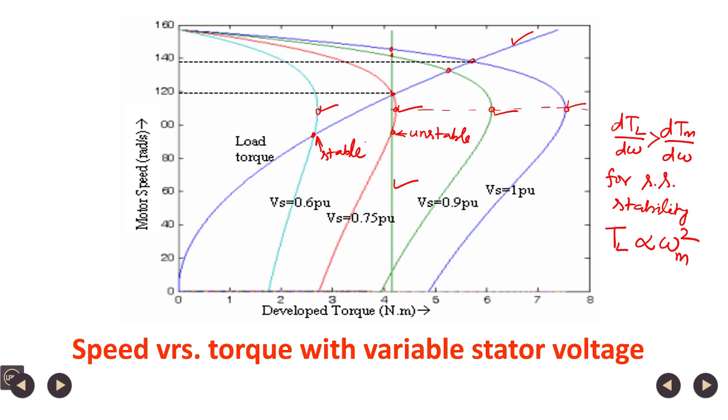The steady state stability criterion is given by dTL/dω greater than dTm/dω, and it is satisfied here for 60% of the rated voltage. And not only 60%, you can see for any voltage down to near 0 voltage, the operating point is stable, the steady state stability criterion is satisfied.